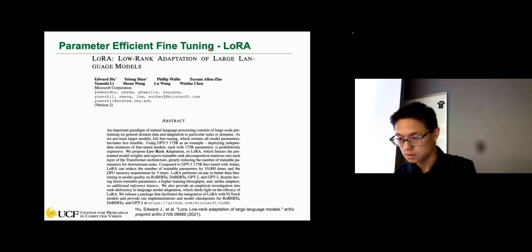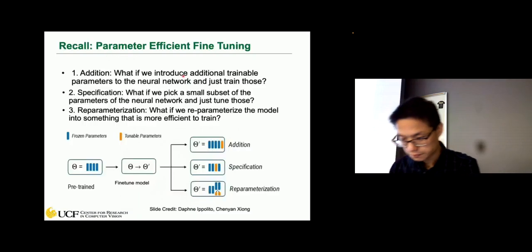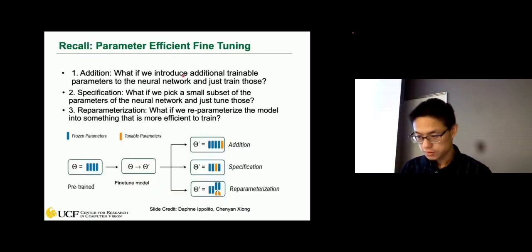We can all use these low-rank adaptation strategies to achieve efficient fine-tuning. This LoRA approach falls into the third category: it is a reparameterization technique.